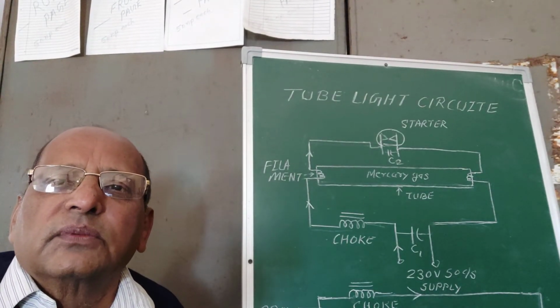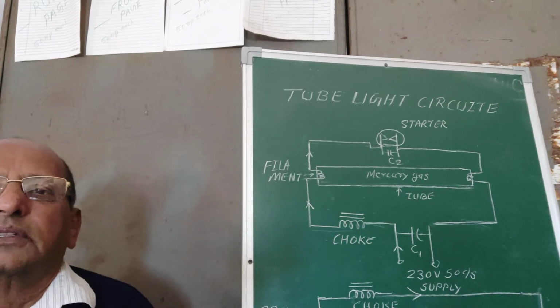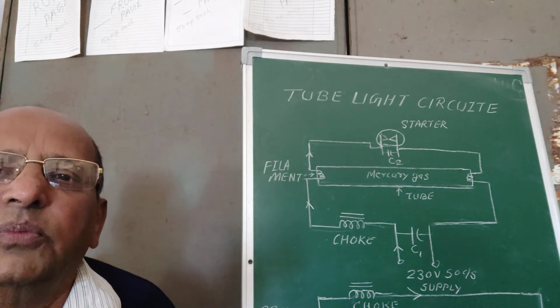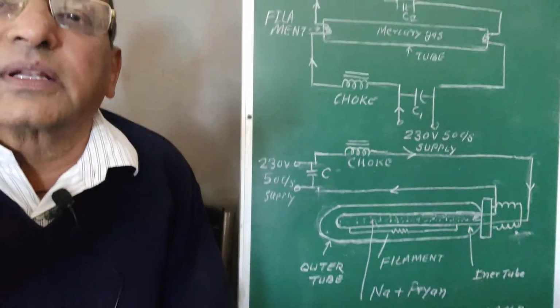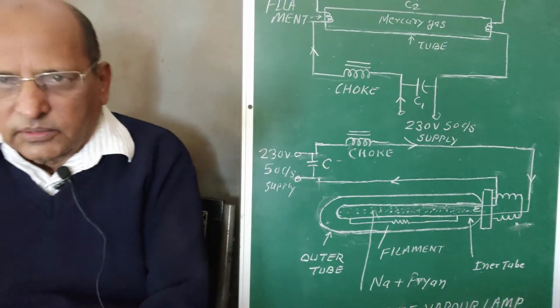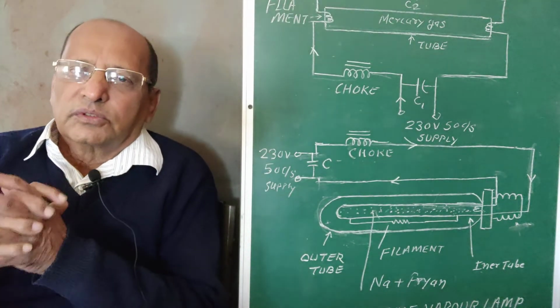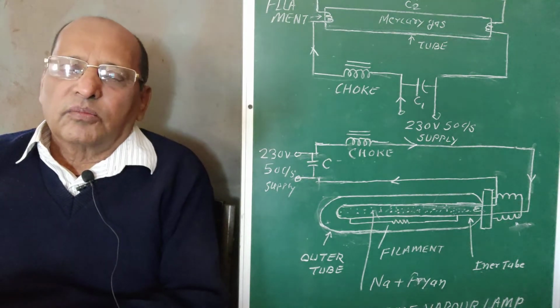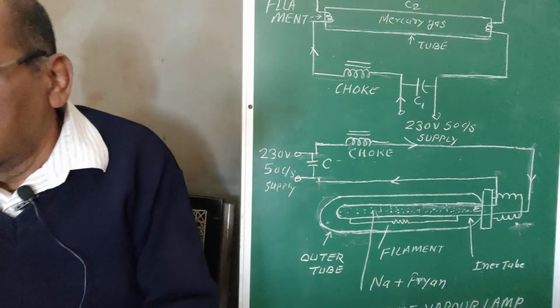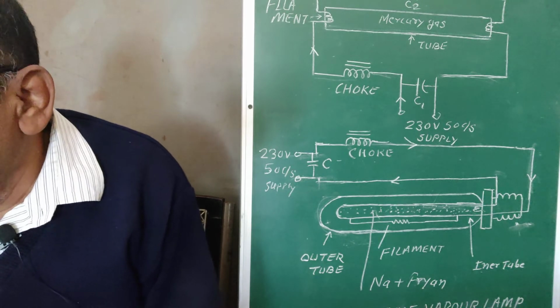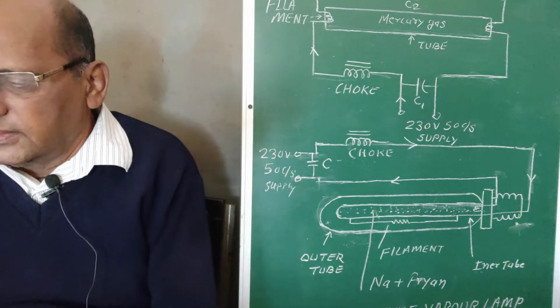This is the complete circuit showing the single tube connection, and below this is the sodium vapor lamp or mercury vapor lamp connection. So this is all about the fourth topic, along with some definitions.